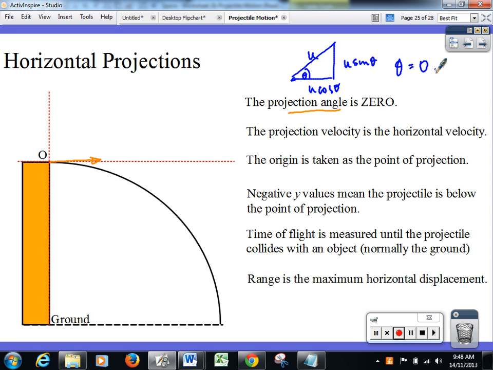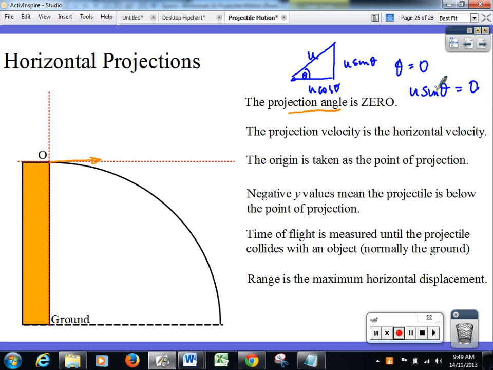All of you are 2 or 3 in mathematicians here. That should be off the top of your head. So if theta is 0, then u sine theta becomes 0. What is cos theta if theta is 0? This is once again an exact value. You must know it. It is 1.